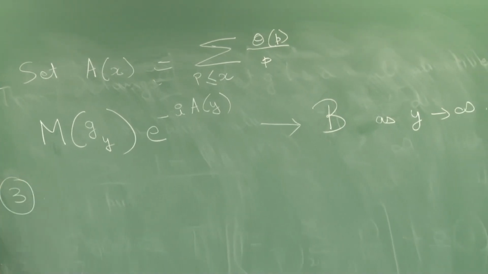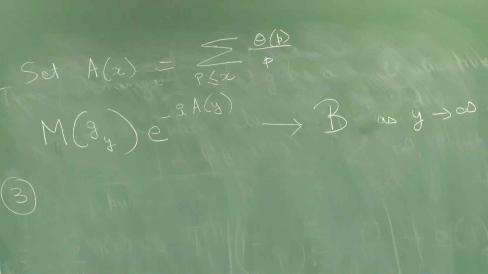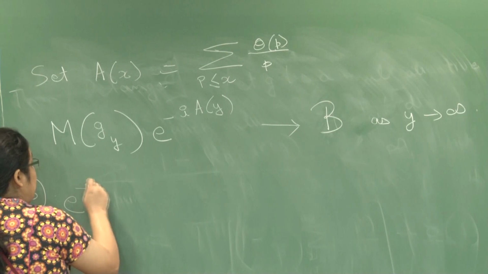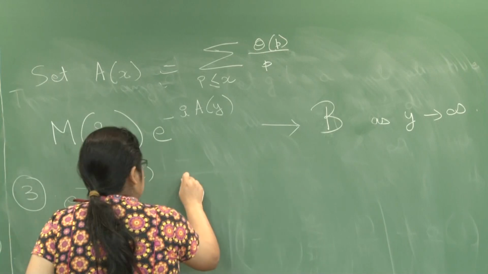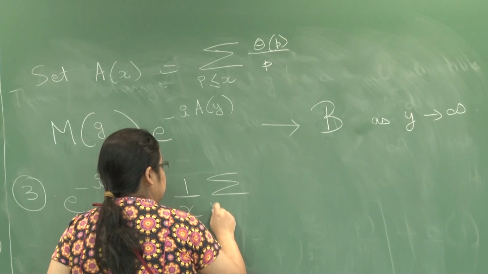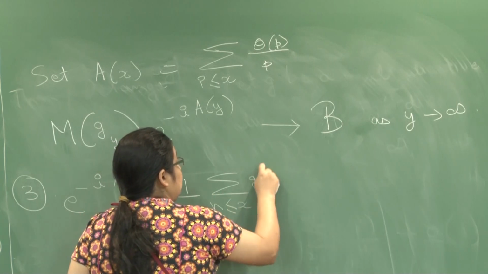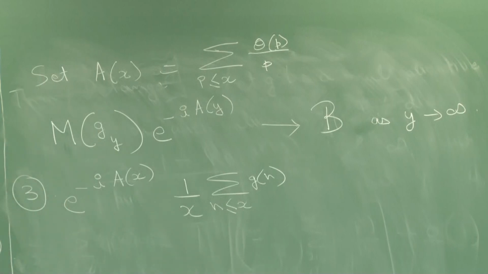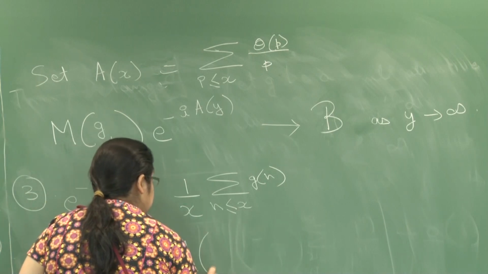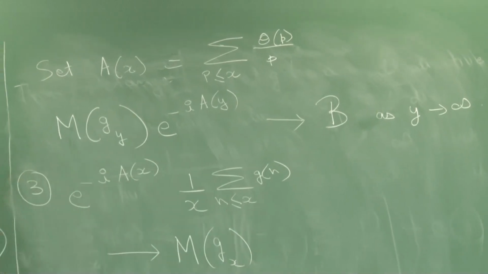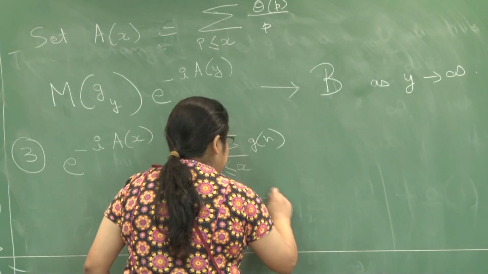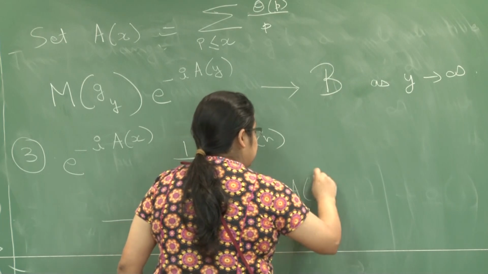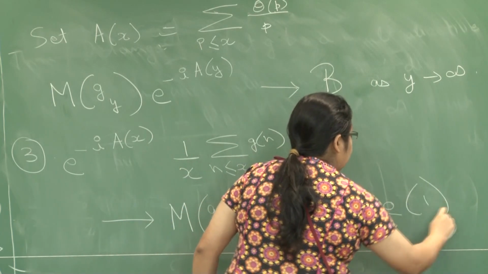And finally, we make the observation that if I take e raised to the minus i times A of x, times 1 over x into the summation of g of n, this converges to m, the mean value, the m of g sub x as defined before for y equal to x, times e raised to the minus i A of x plus little o of 1.